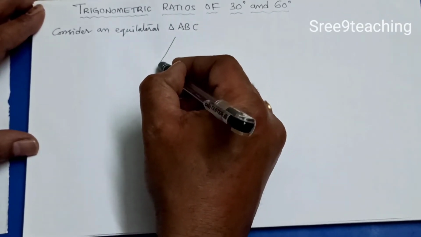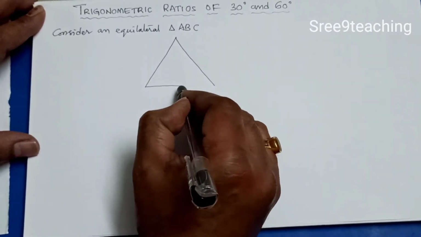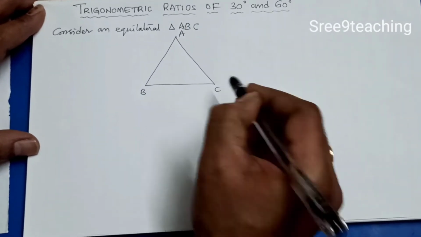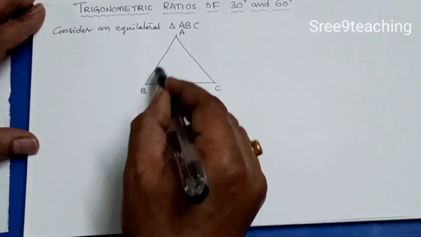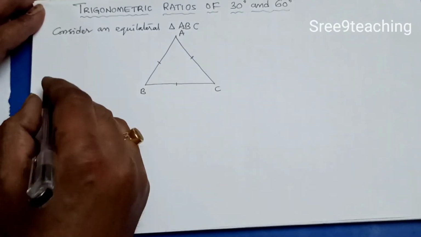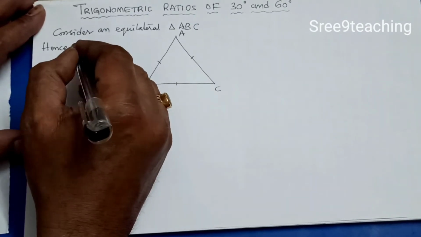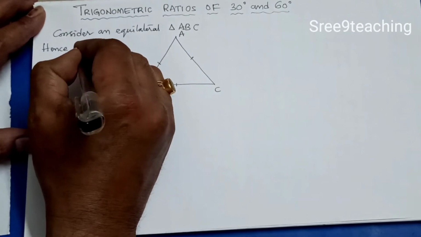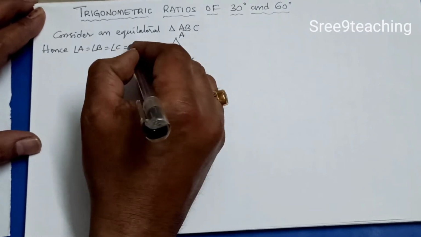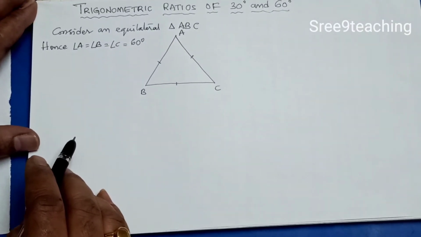I am drawing the triangle ABC, which is an equilateral triangle like this. Here we know that in an equilateral triangle the three sides are equal, and the three angles are also equal. Hence I will write angle A is equal to angle B is equal to angle C is equal to how much? 60 degrees, because the sum is 180 degrees.